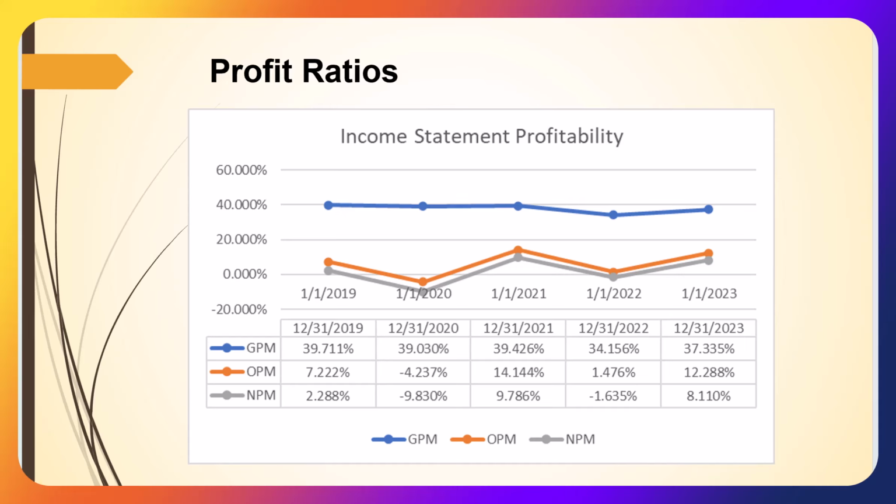Gross profit margin, as you see the numbers here, over the last several years has been relatively flat. There was a slight decrease over the last couple of years, but in general, they have been stable, moving in the same direction, if you will. Operating profit margin shows how they control the expenses of running the entire company.